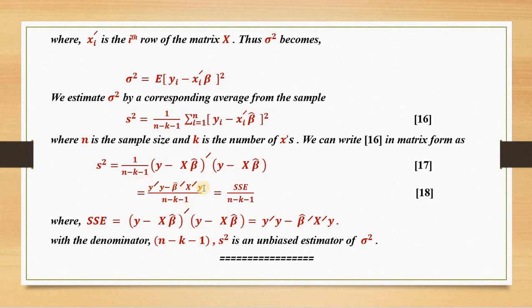The numerator is nothing but the sum of squares due to error. So with the denominator n minus k minus 1, s square, that is SSE divided by (n minus k minus 1), is an unbiased estimator of sigma square.